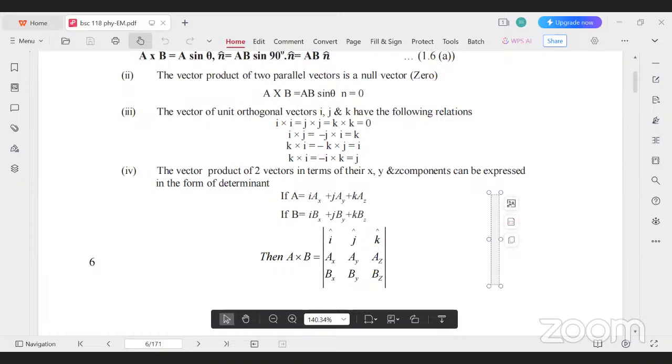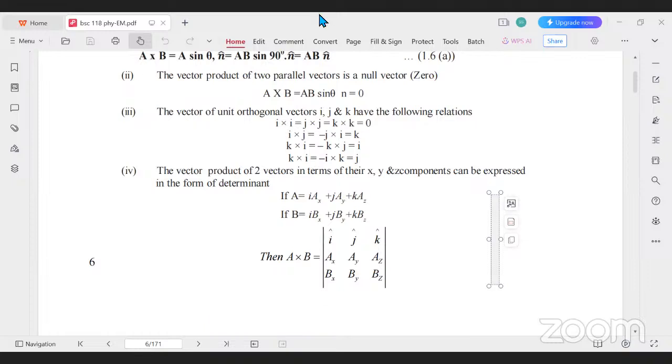I just want to draw and show you. Paint, I'm trying. Okay, this we take as Z. Okay, this I'm taking as X. Able to see, right?